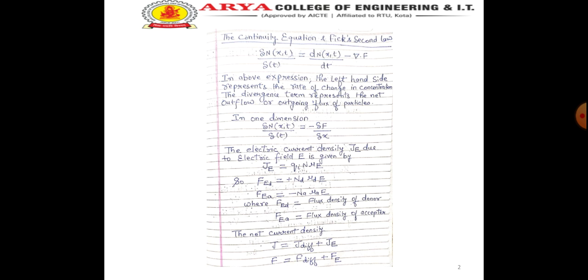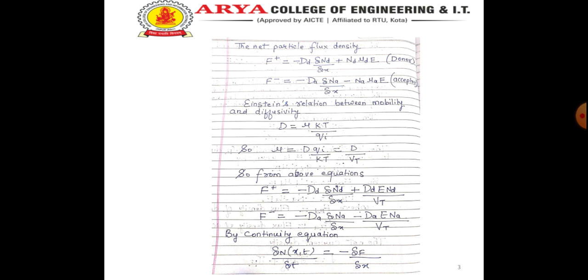The net current density is given as J = diffusion current plus drift current. So the diffusion and drift flux density can be expressed as F = F diffusion plus F drift. Now the net particle flux density will be F plus for donor and F minus for acceptor.